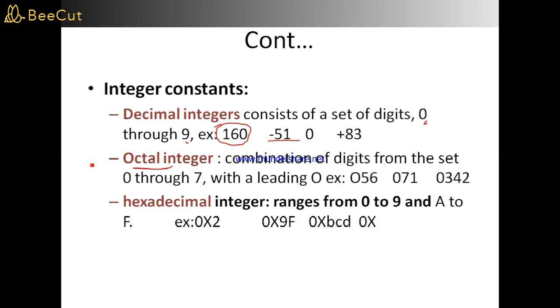Octal numbers have base 8, so the digits are from 0 to 7. But how to identify whether it is an octal number or a decimal number?